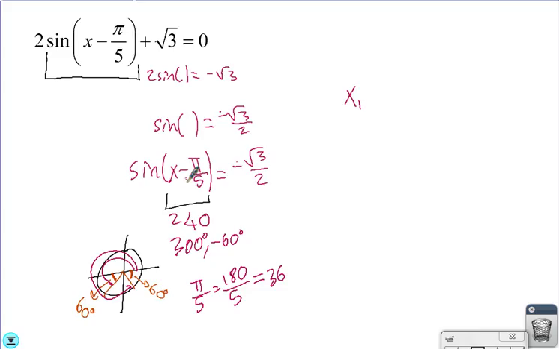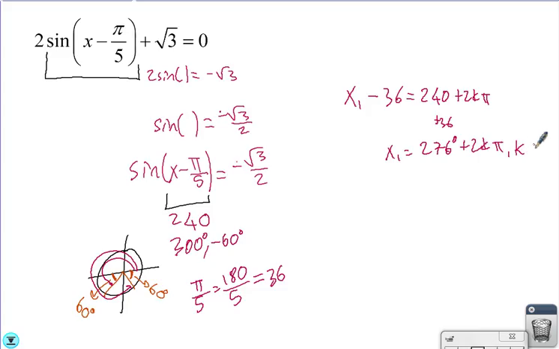Now the first type of solutions, x1 minus pi over 5, which is 36, should be equal to the first number, 240 plus 2k pi. Minus 36 will come here as plus 36. So x1 is equal to 276 degree plus 2k pi.